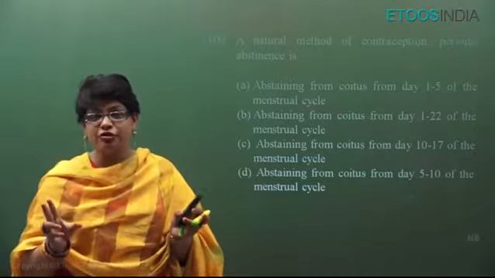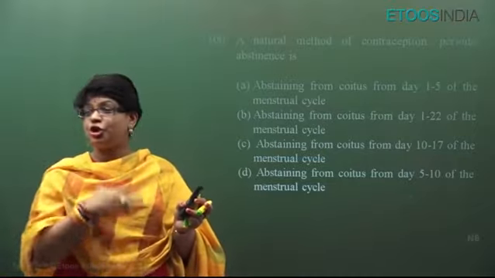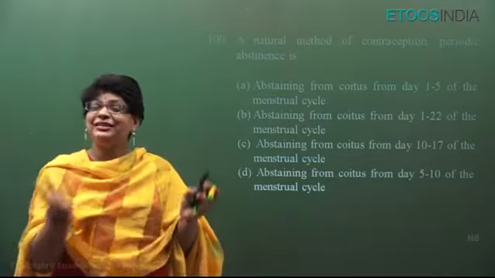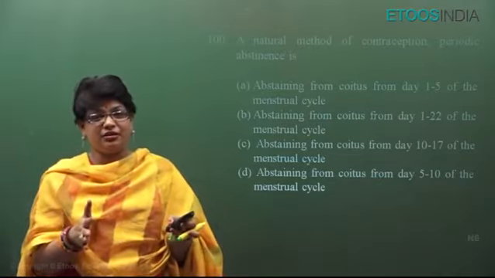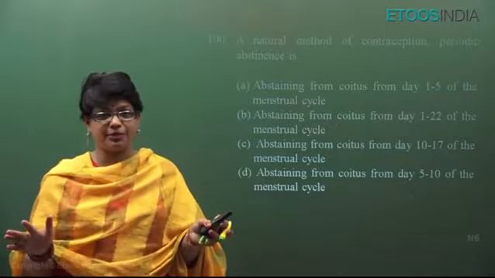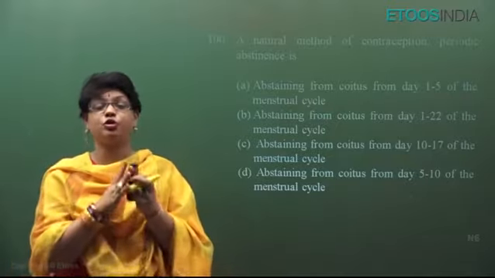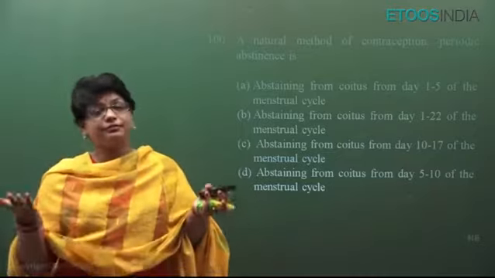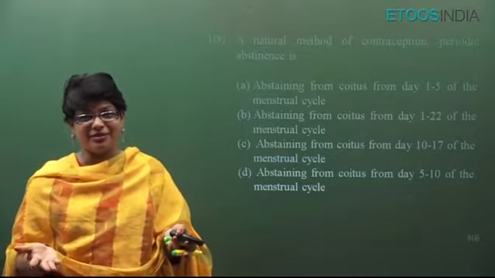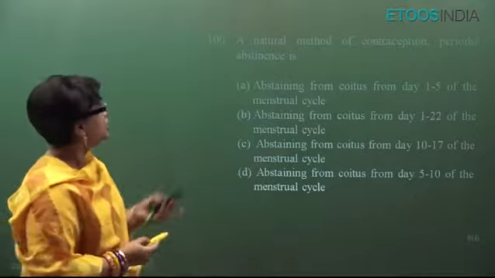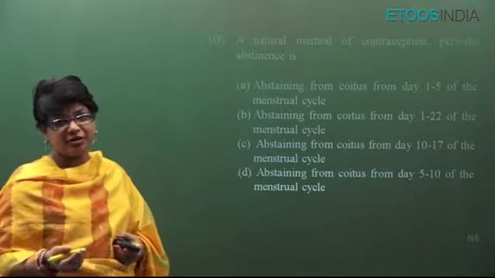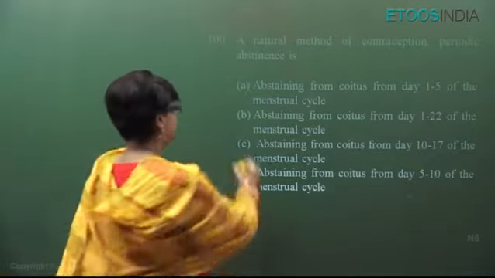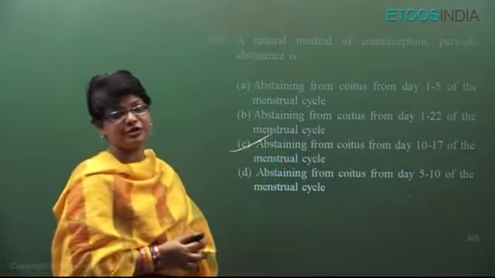If she has got her menstrual cycles after 2 months of delivery, then lactational amenorrhea is not valid as contraception, because she is getting menstruation, which means ovulation is happening, FSH and LH are getting formed, and there can be pregnancy if coitus happens. So these are the three main methods. They are asking about periodic abstinence. The first one: abstinence of coitus from the 10th to 17th day of the menstrual cycle.